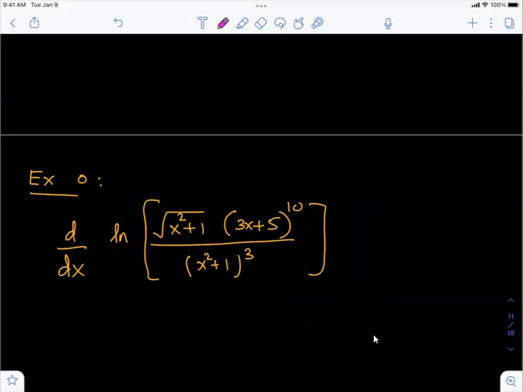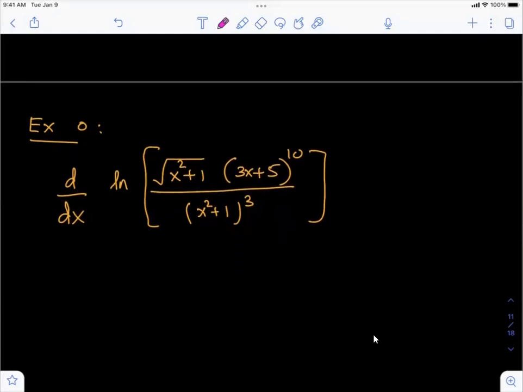So 1 over, put this whole thing, and then times, you're going to do the quotient rule together with the product rule for this component, and it's going to be a headache. But if you do not buy my word on it, please go ahead and just try it and see it for yourself.